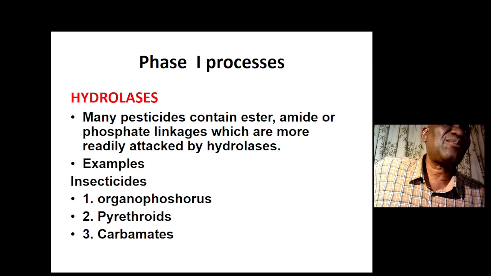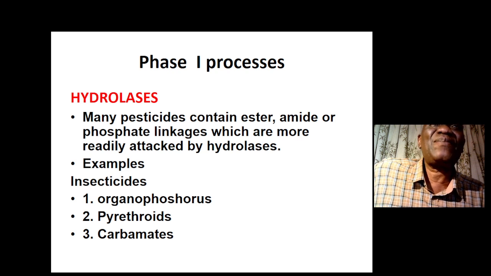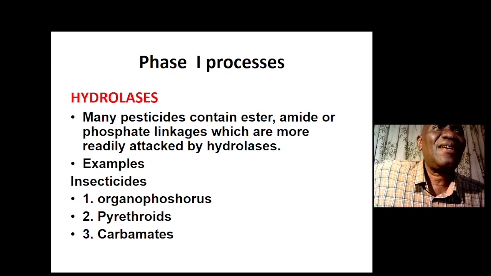We have examples of insecticides. Most organophosphorus insecticides can be broken down by hydrolysis, which can be in insects. Pyrethroids can also be broken down by hydrolysis, which are present in insects.